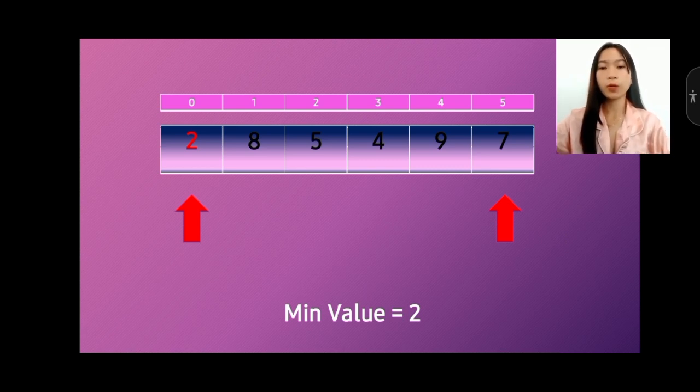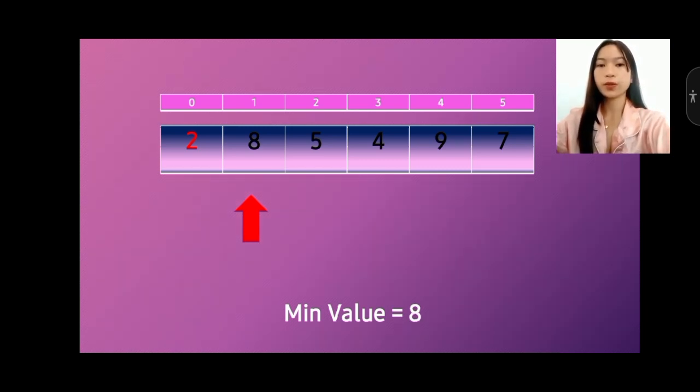We know at this point the 2 is the smallest item in the list, and it's in the first position, so it's sorted.